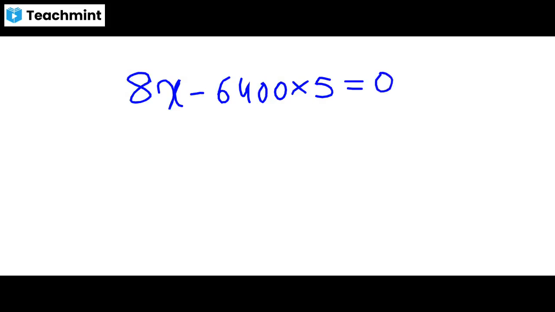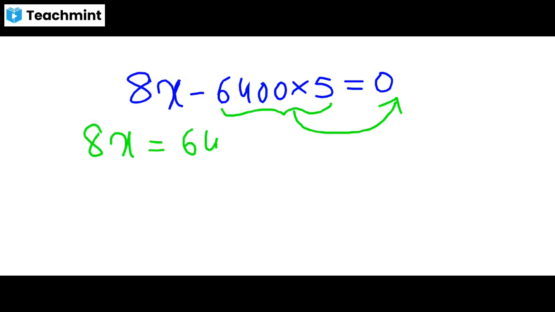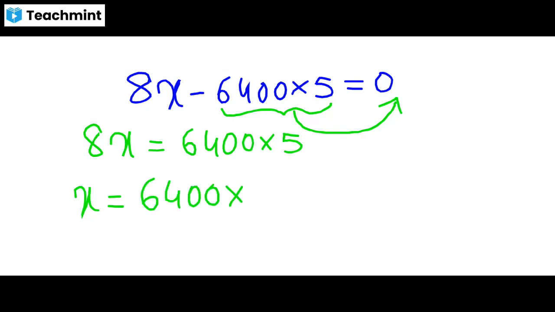Now, if you shift this from LHS to RHS, it becomes plus. So 8x is equal to 6400 into 5. But we need only x. So to get x, we divide 6400 into 5 by 8.